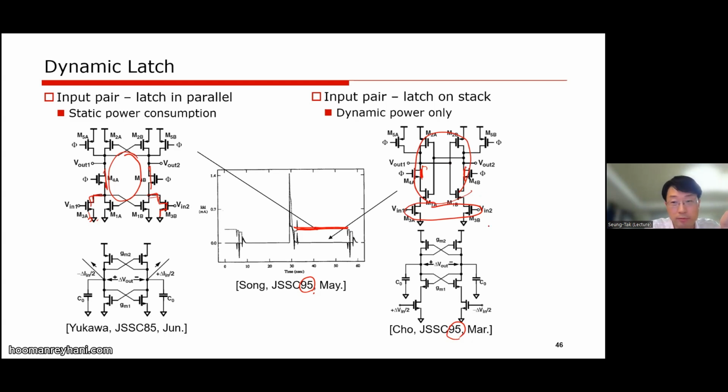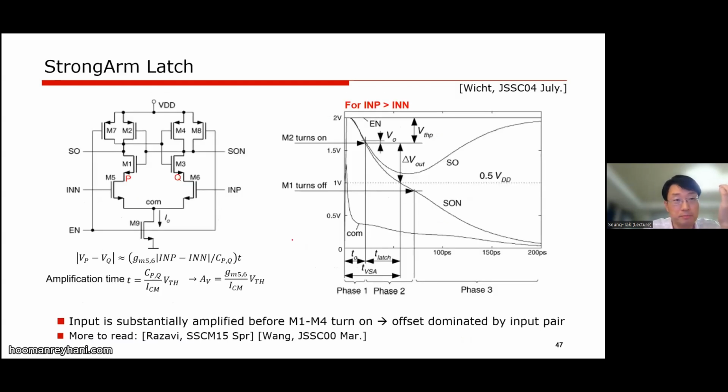Then we have only dynamic power consumption, because when the latch generates output plus and minus, this PMOS will be turned off, and because of this falling signal, this one will be turned off. So we are not going to have a static current path, so we can reduce power consumption. Only when we generate the positive feedback do we consume dynamic power.